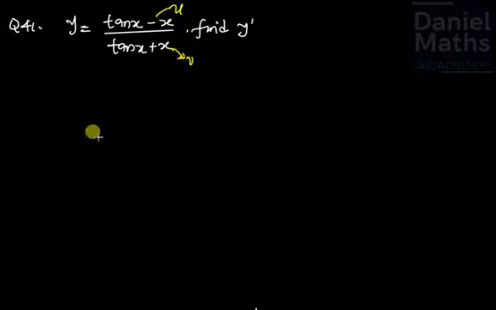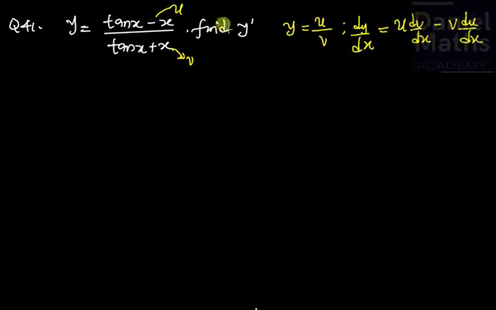Applying what we said earlier, if y is a function written as u over v, then dy over dx, which is the differentiation of this equation, is equal to u dv over dx minus v du over dx, and all of this is divided by v squared.